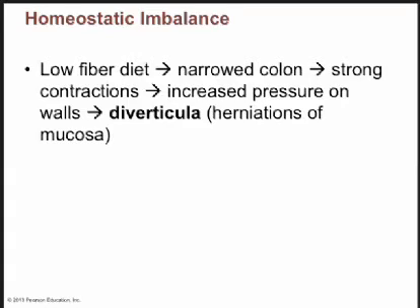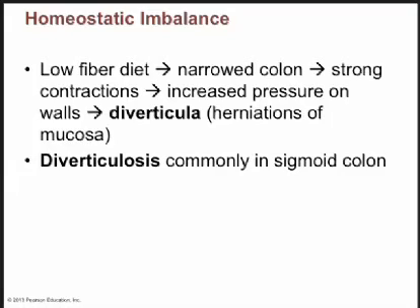This can lead to strong contractions and increased pressure on the walls, and this can create diverticula, which are essentially outpouchings of the mucosa of the intestine, inside which bacteria, food, and fecal material can get trapped. And these can become inflamed and can produce a condition known as diverticulitis.